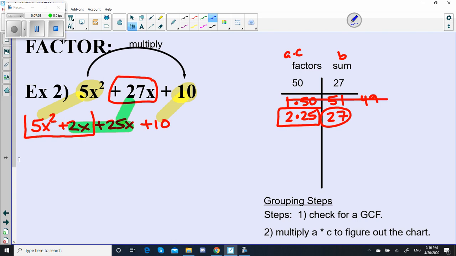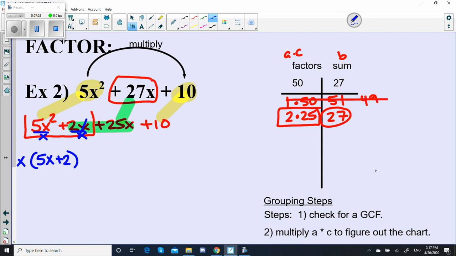Well, if there's two x's on top and one x on the bottom, that only leaves me with one x. So that first term would be 5x. And the x's here, top and bottom, cancel, and that leaves me with plus 2. So I factored a GCF out of the first two terms.